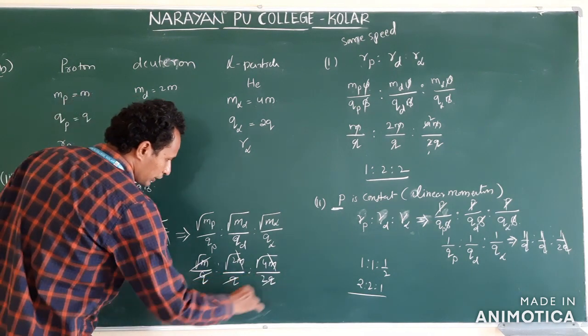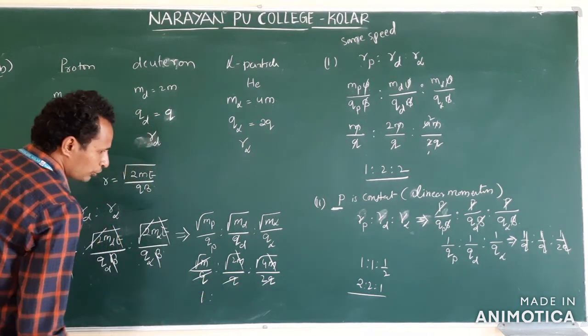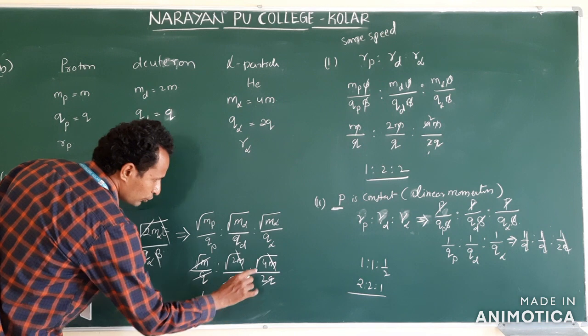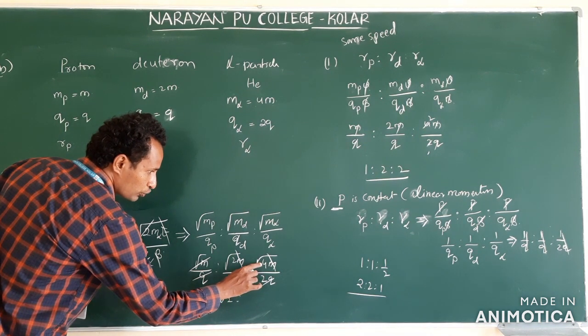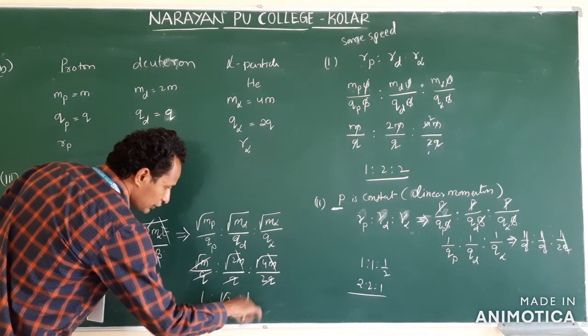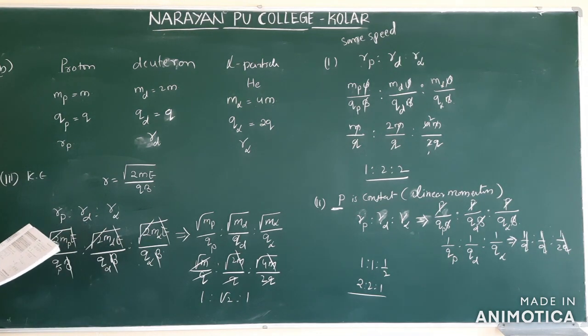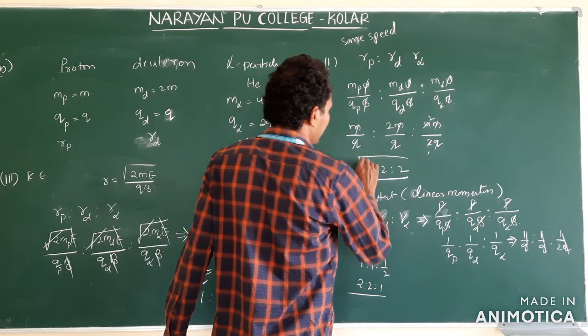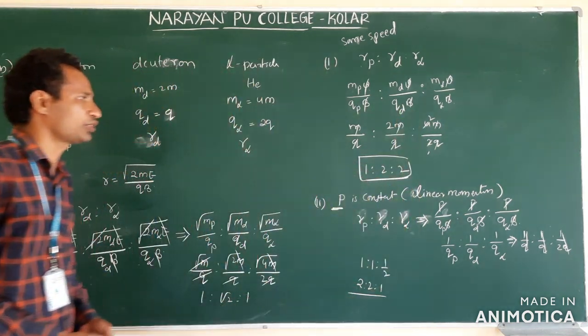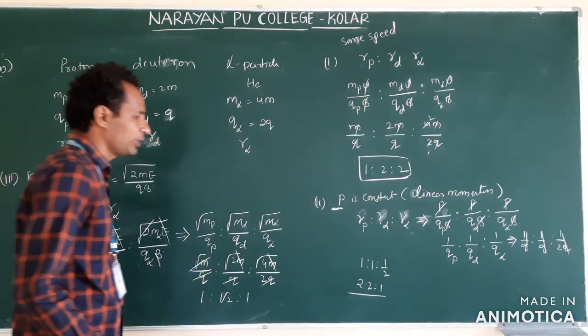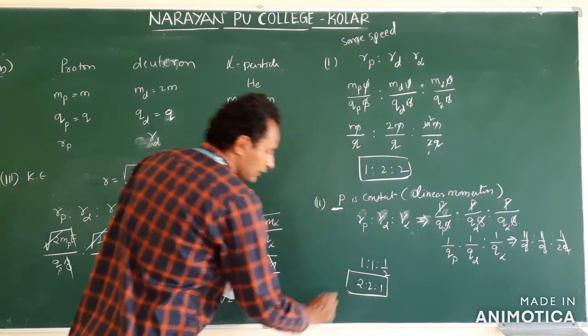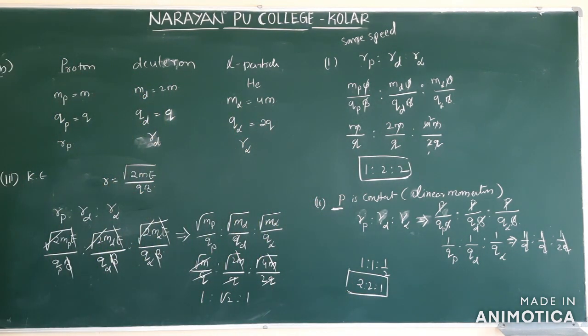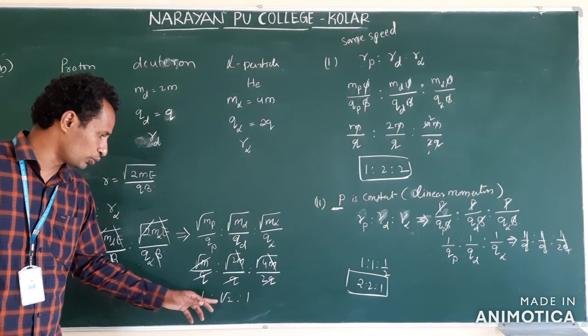Q cancel. 1 is to root 2 is to root 4 over 2. These two will be cancelled. So 1 is to root 2 is to 1. So when speeds are same, radius ratio is 1 is to 2 is to 2. When linear momentum is same, their radii ratio is 2 is to 1. When energy is same, their radii ratio is 1 is to root 2 is to 1.